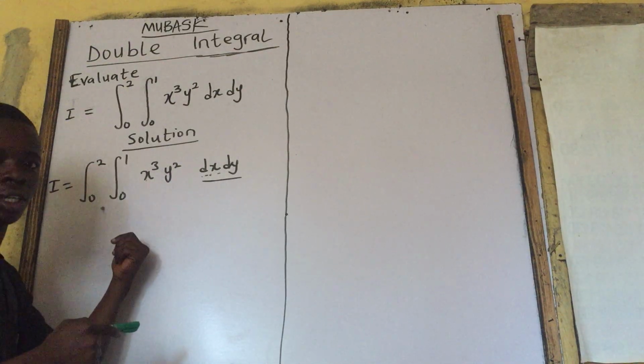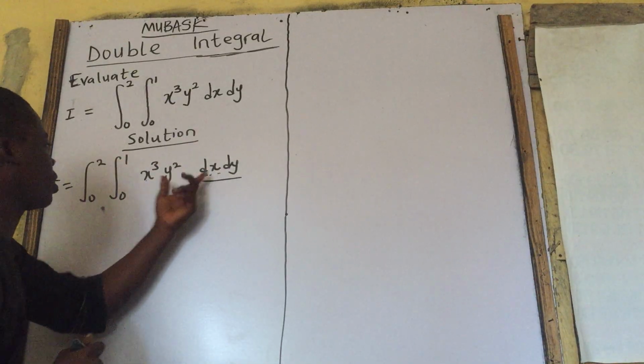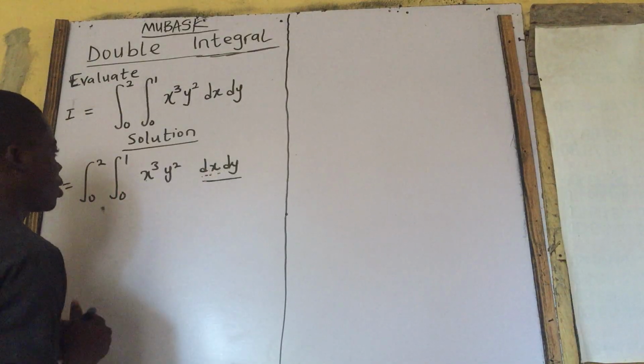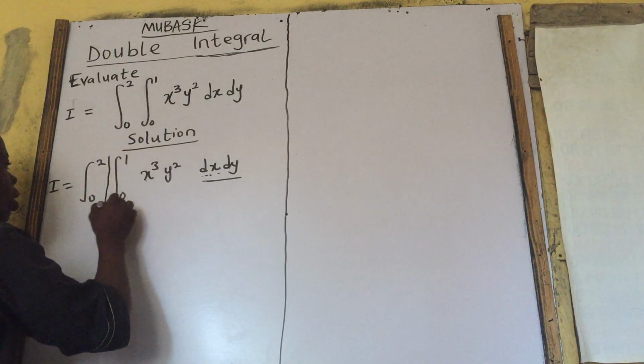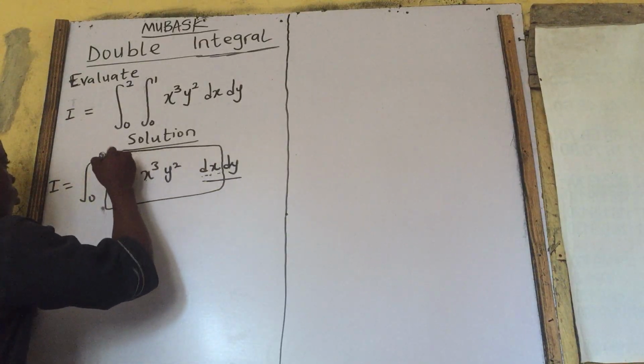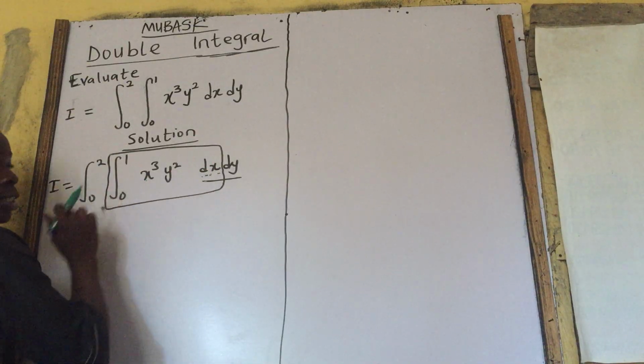Is 0 to 1. So now we have to integrate this, the integral nearest to the x, because the x is the nearest to this integral.